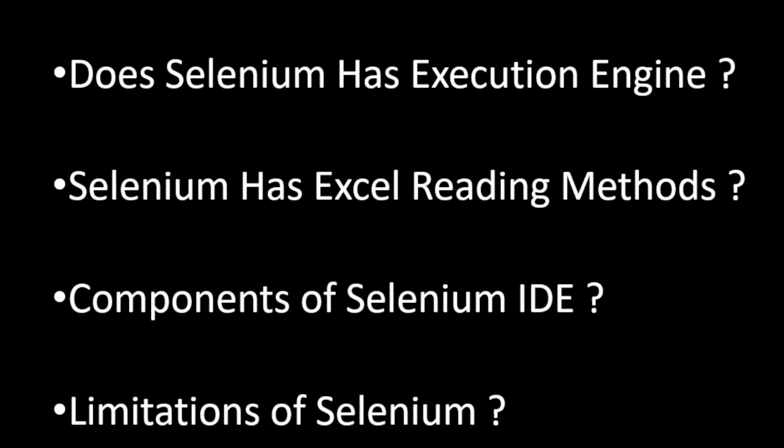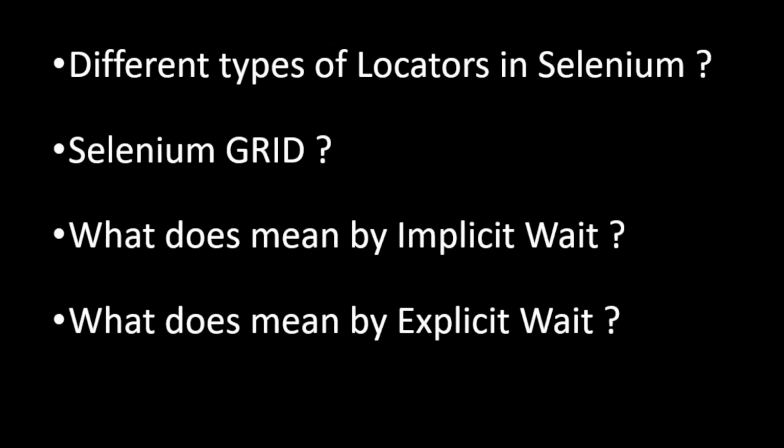Selenium Excel reading methods, components of Selenium IDE, limitations of Selenium, different types of locators in Selenium, what is Selenium Grid, what does implicit wait mean, what does explicit wait mean. We need to define the latest version of implicit wait and explicit wait in Selenium 4.0 and above versions.